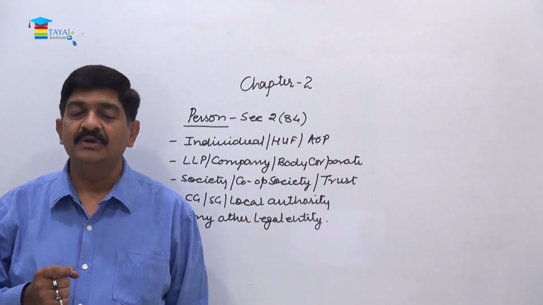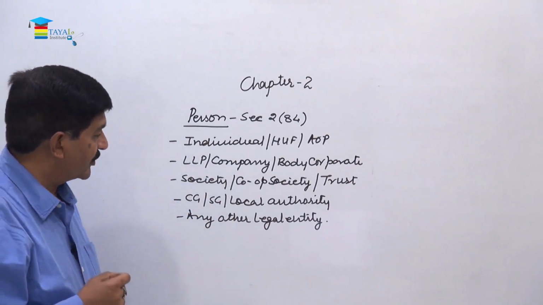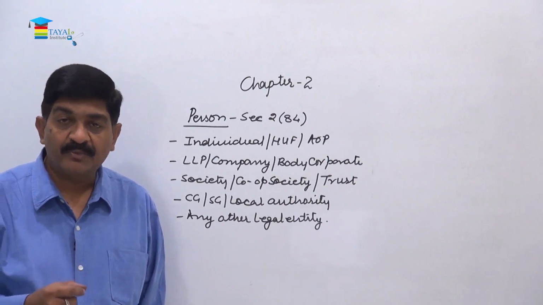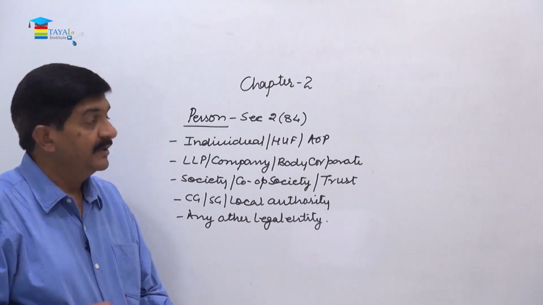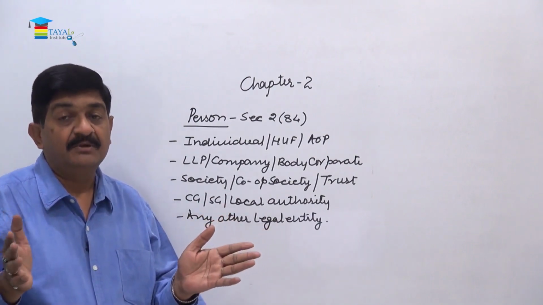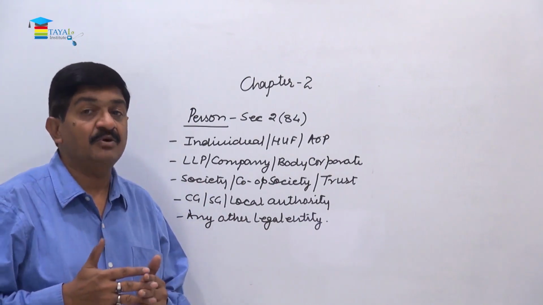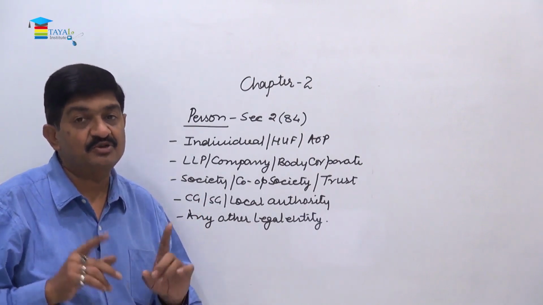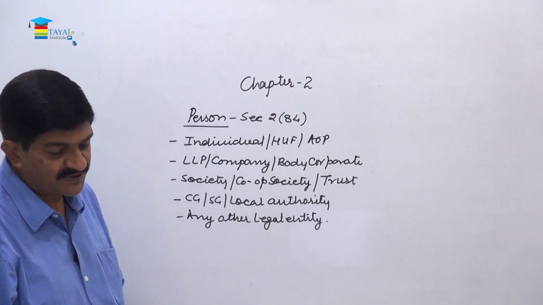Person is individual, HUF, AOP, LLP, company, body corporate, society, cooperative society, trust, central government, state government, local authority, as well as any other legal entity. Now, prima facie, one person may have a number of places of business. But under this act, when a person is registered in one state, and is also registered for the same business in another state, then for the two different states he will be treated as two distinct persons. Why and when? That is a subject matter of discussion later on.